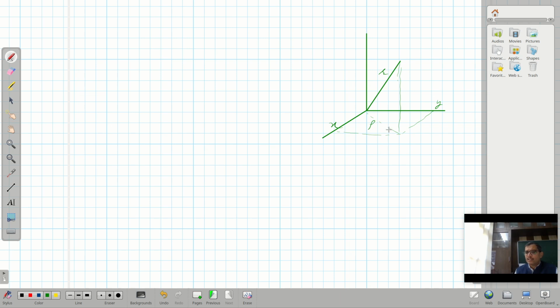And if I apply the parallelogram law of vector addition, then rho is equal to the magnitude, the square root of x square plus y square, and say it is r, and this is theta, and this is perpendicular, then rho over r is equal to sine theta. So rho can be written as r sine theta.